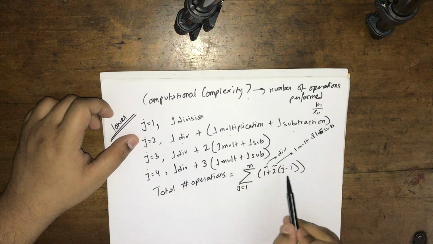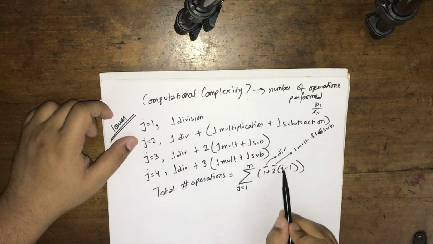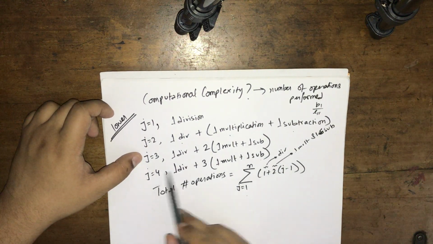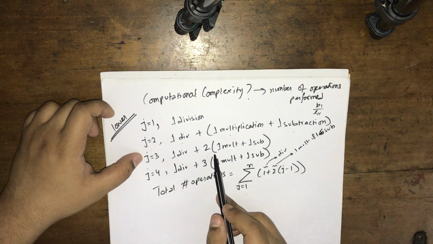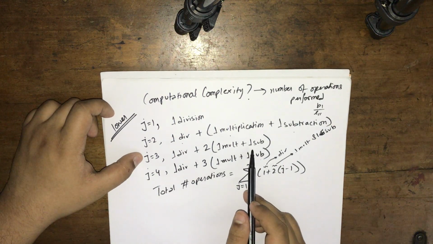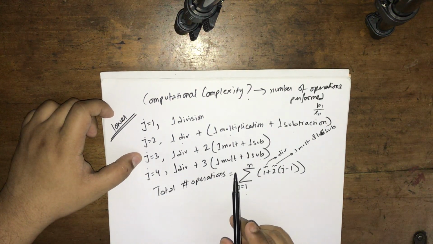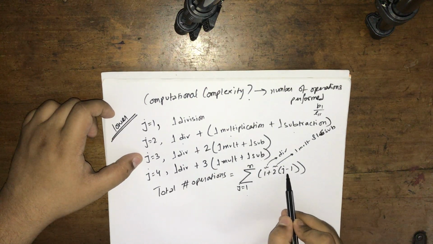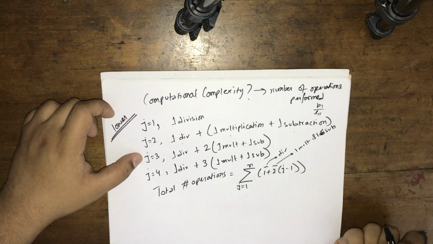So 1 plus 2 into (2 minus 1), that 1 stays, and we end up with 3. The same goes for j equals 3: one division, two multiplications, two subtractions. So in total 5 operations. j minus 1 gives 2, 2 into 2 is 4, 4 plus 1 is 5.